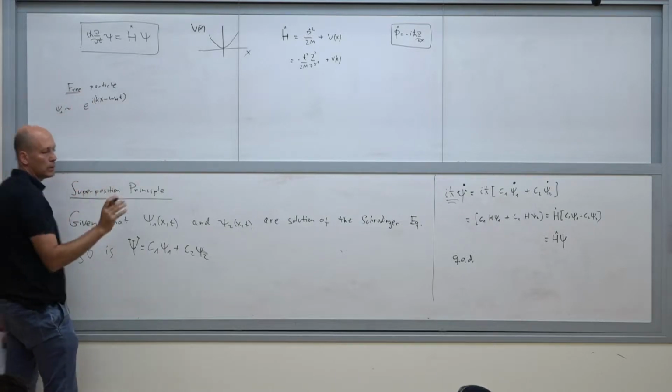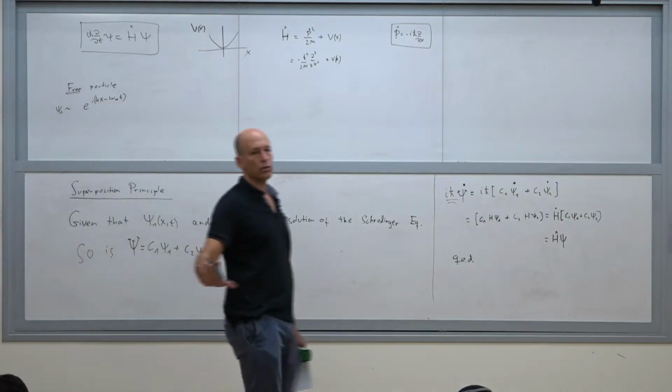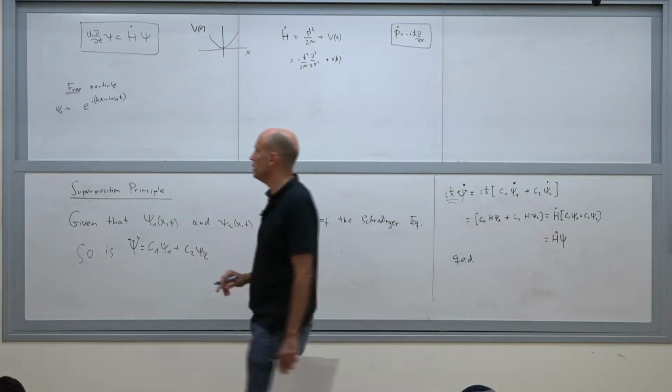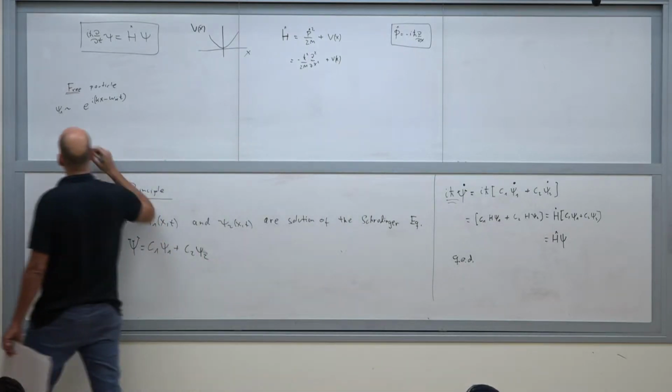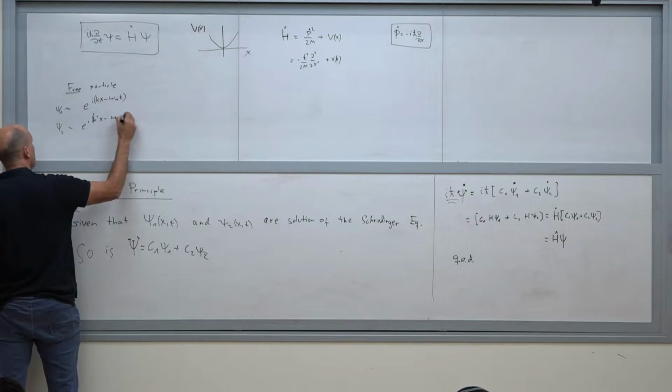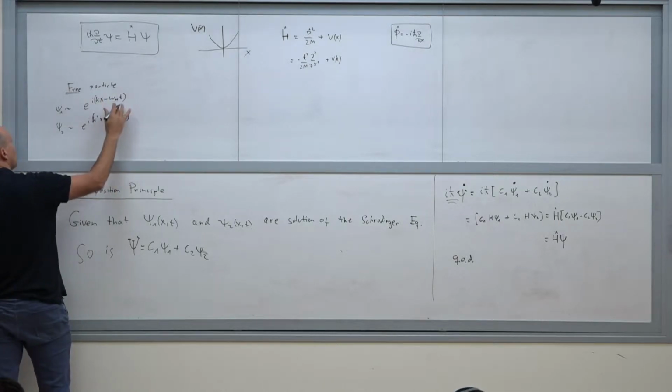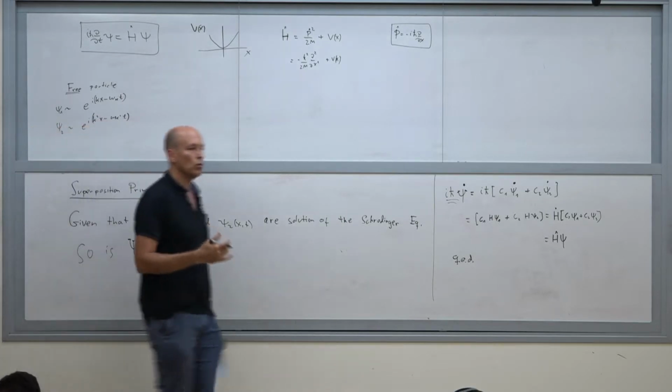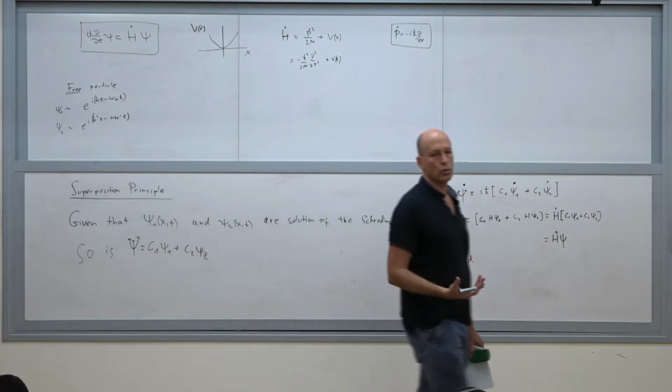Free particle means a particle with no potential: there's no force on it, or the potential is constant. And then I can have psi2, e to the i(k'x minus omega_k' t), a different k. So this guy has momentum ħk, this guy ħk', and the combination of these two waves is also a solution of the Schrodinger equation.